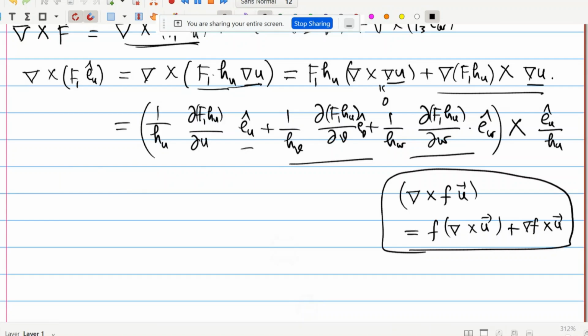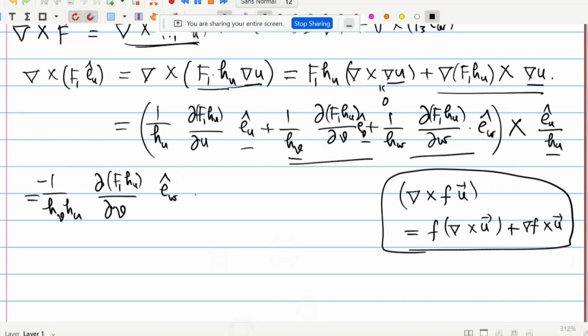Using your usual orientation, this equals 1 by HV HU times dou F1HU by dou V, and EV cross EU gives a minus sign, EW.